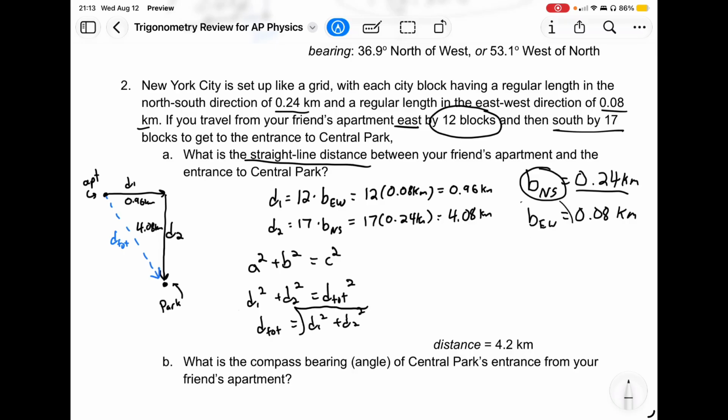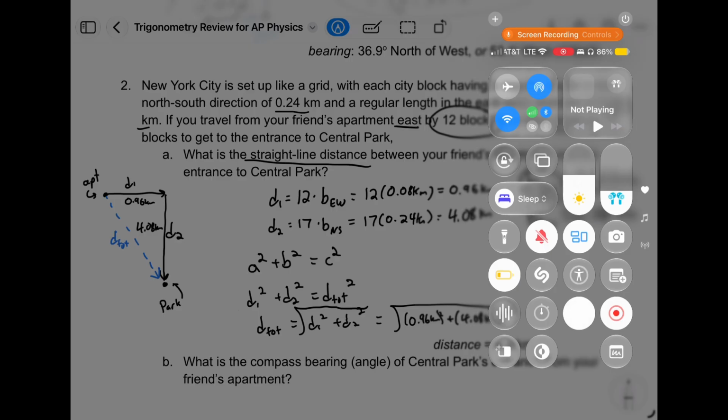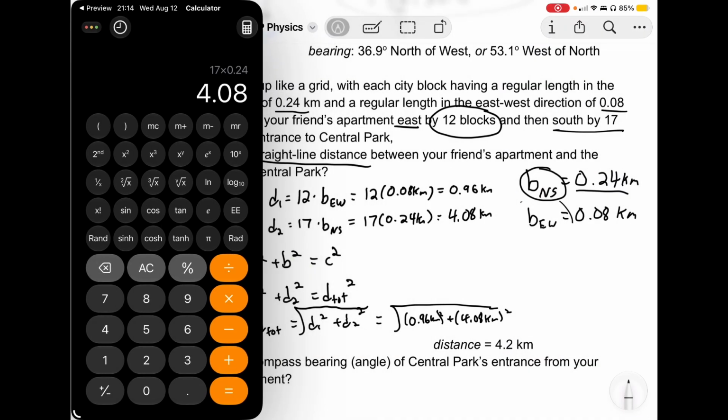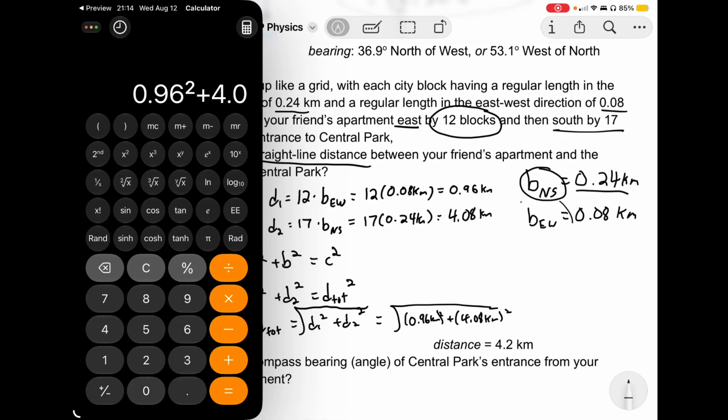All right, so if we plug in numbers for all that, we've got 0.96 kilometers squared plus 4.08 kilometers also squared. If we plug that into our calculator, 0.96 squared plus 4.08 squared gives us 17.568.